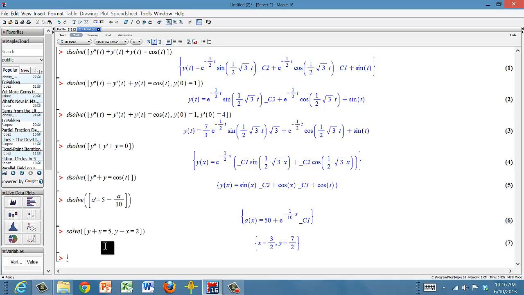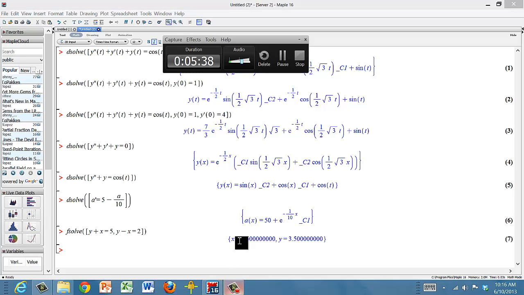If I don't like the exact solutions there, maybe you solve it and it comes out in terms of sort of ugly exponentials, you can do fsolve, and then it'll give you a decimal approximation. So solve and fsolve for solving systems of equations, and dsolve for solving ordinary differential equations. And that should about do it for your Maple use for quite a while.